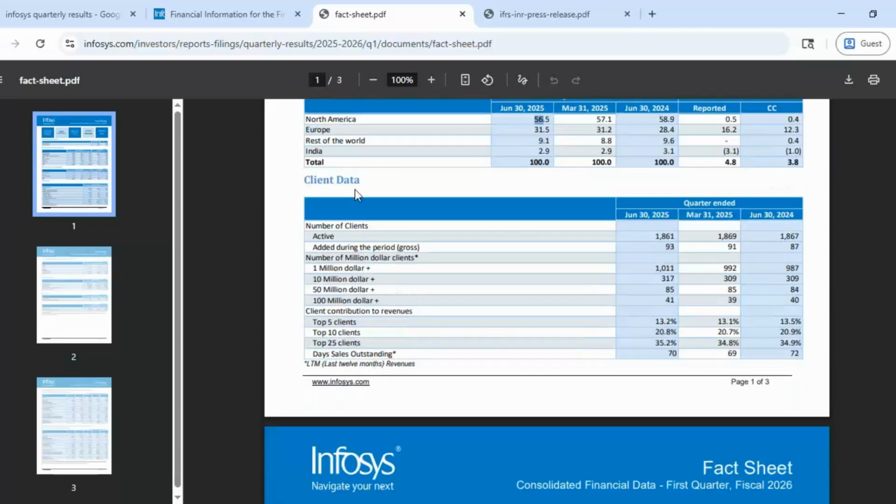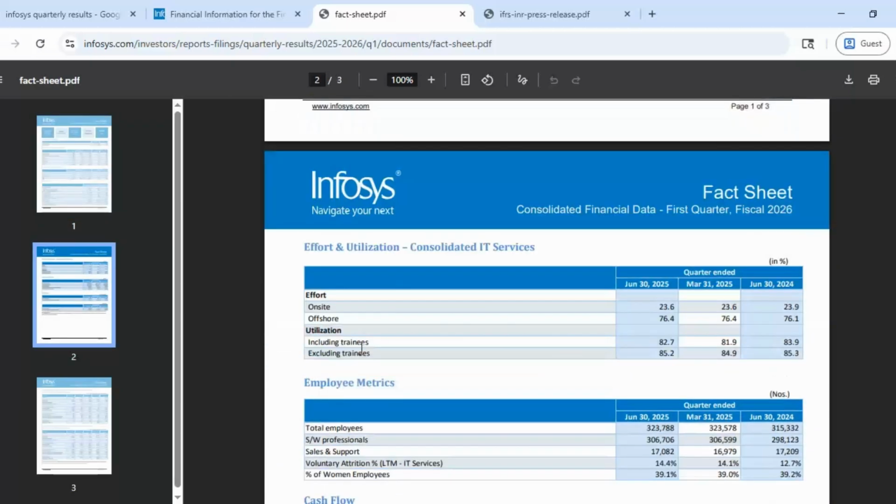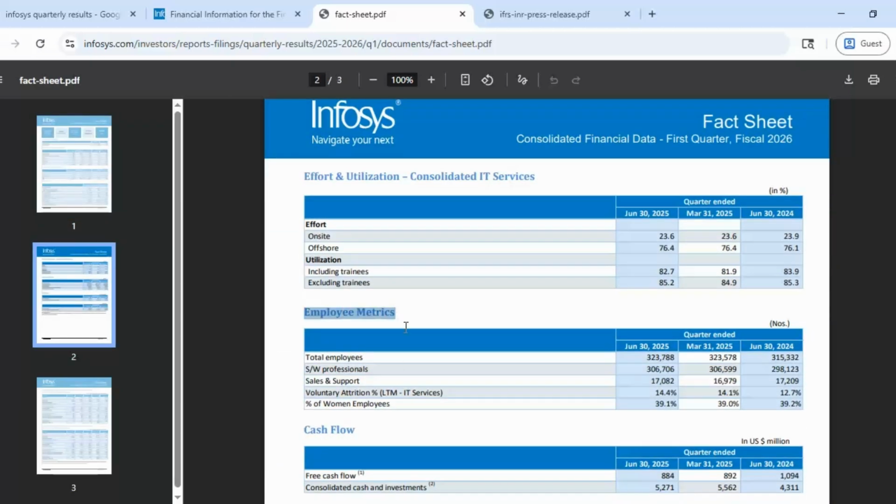Now if you come down, here are the employee metrics. Here you need to see the attrition. They have reported the attrition is 14.4%. Earlier, the previous quarter it was 14.1, and last year it was 12.7.